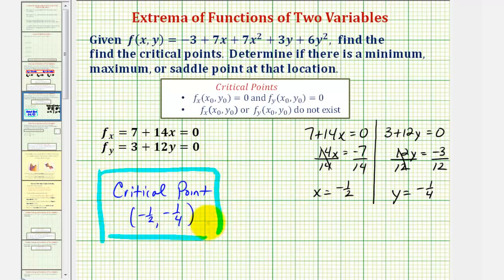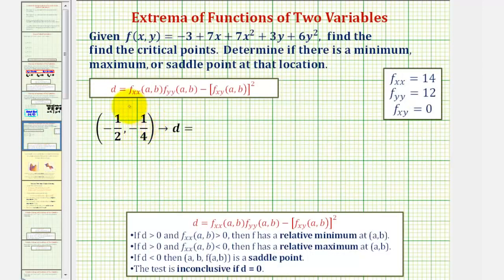And now for the second part, we want to determine if there's a minimum, maximum, or saddle point at this location. To do this, we'll use the critical point that we just found and calculate the value of d using this formula here. Notice how this involves the second order partial derivatives, which I've copied over here on the right that we found on the first slide.